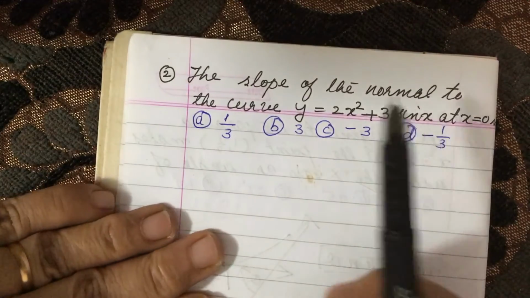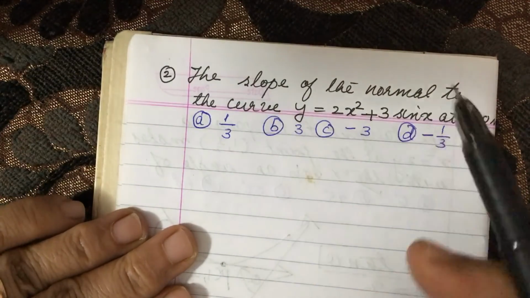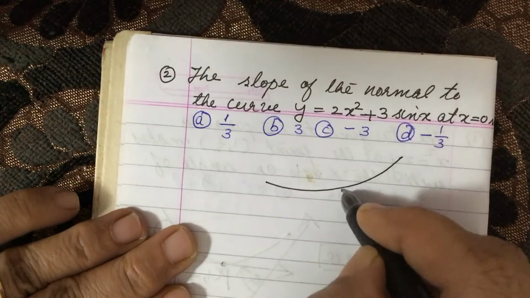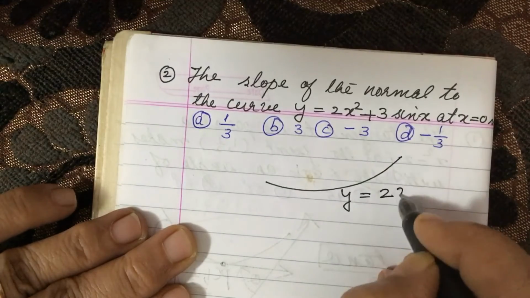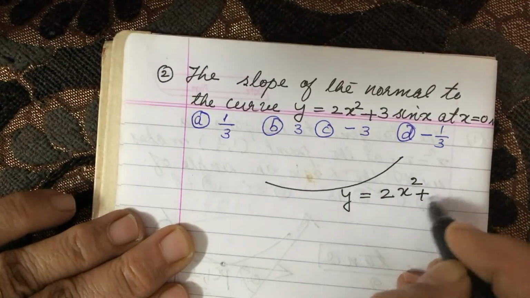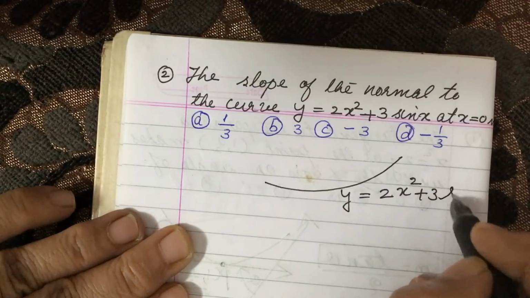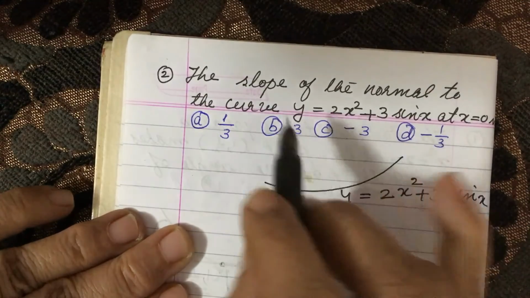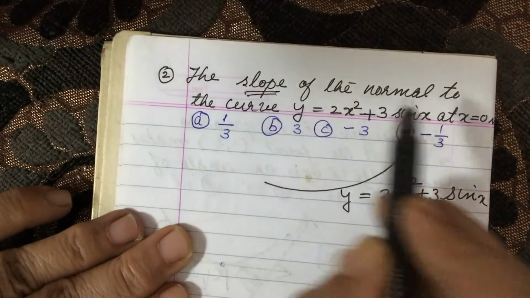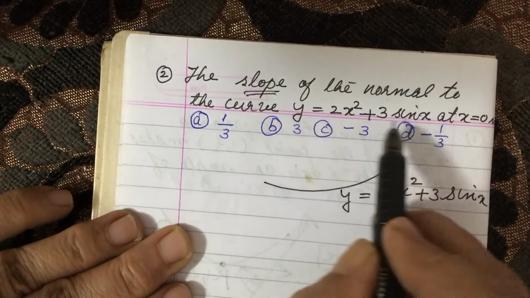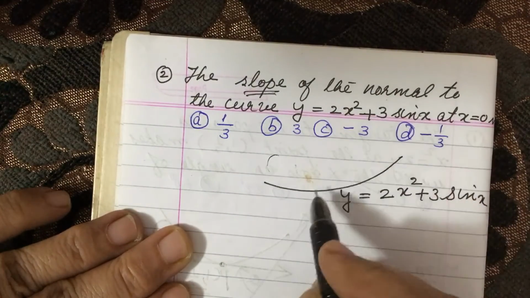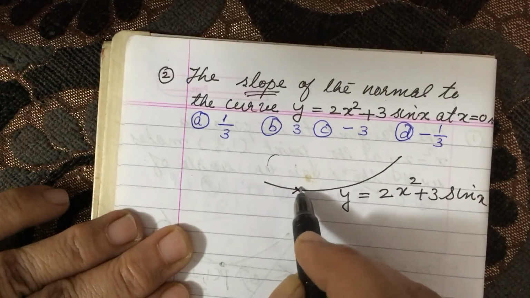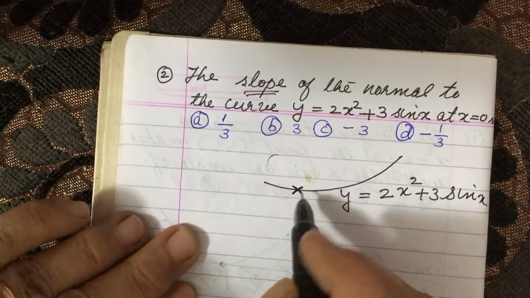The next question: the slope of the normal to the curve. The curve is y equal to 2x square plus 3 sin x, and your question is the slope of the normal to the curve at x equal to 0. At x equal to 0 means a point of contact is given.